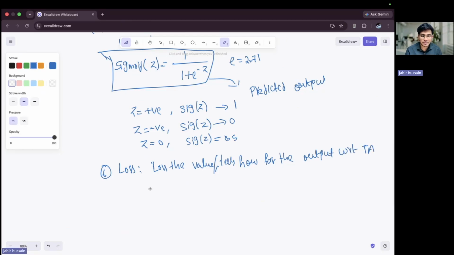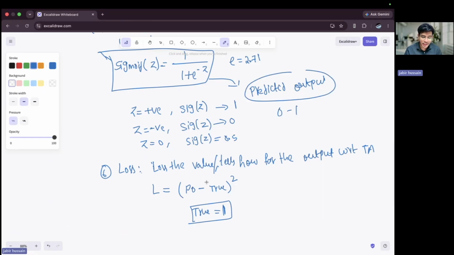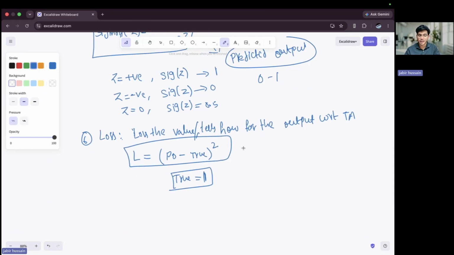And I represent loss as L equals my predicted output minus the true value, whole square. And remember, the true answer will always be 1, and my sigmoid lies between 0 and 1. This is the mathematical representation of loss. We put the predicted value minus the true answer and square it, and whatever value you get is the value of loss.